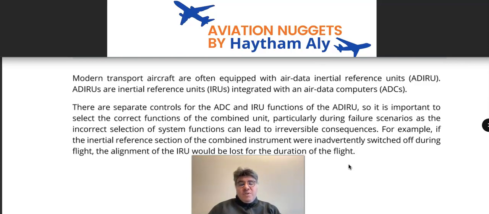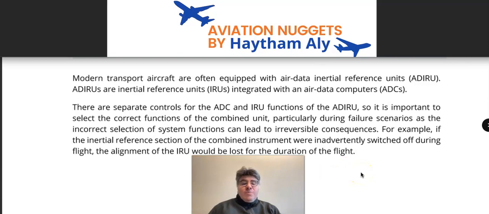Inertial reference units, or the inertial reference system, is the modern version of the inertial navigation system. The inertial navigation system was having mechanical rotating gyros, but the inertial reference unit has laser gyro or strap down system.